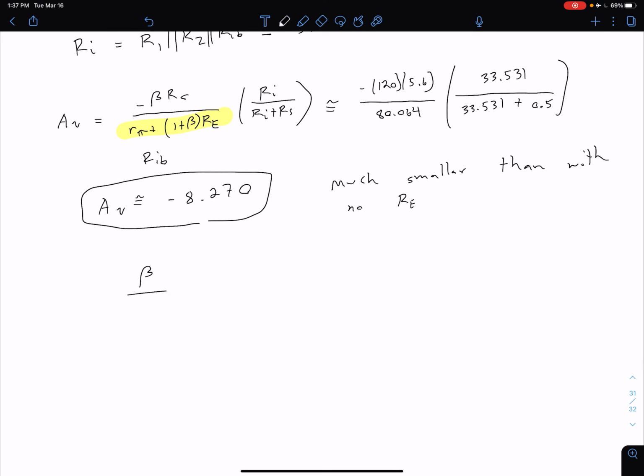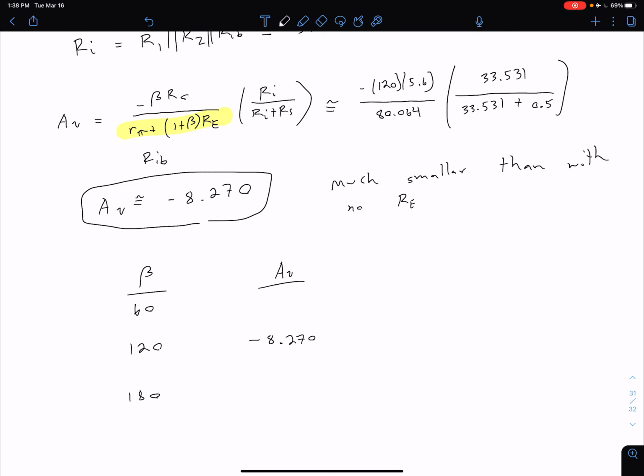But, of course, our advantage of using this configuration is that it should be more stable against changes in beta. So if we consider those same beta changes we did previously, plus or minus 50%, we start at 120, minus 50% would put us at 60, plus 50% would put us at 180. If we go through that analysis again and recalculate our AV, first of all, we had negative 8.270.